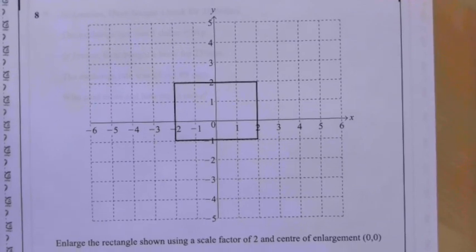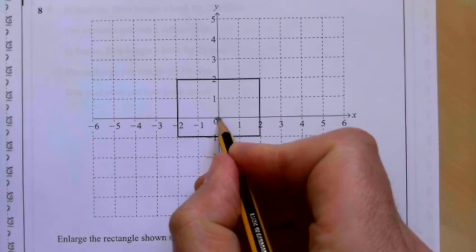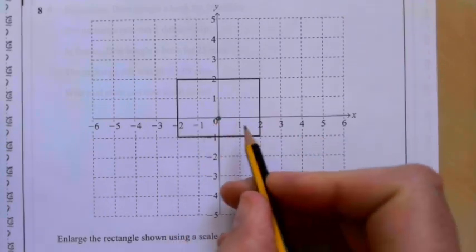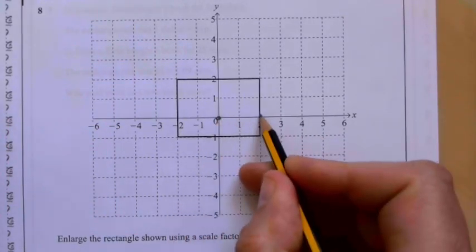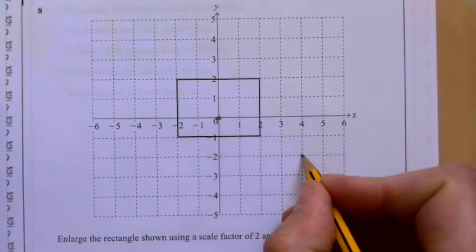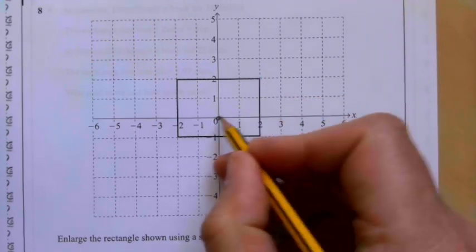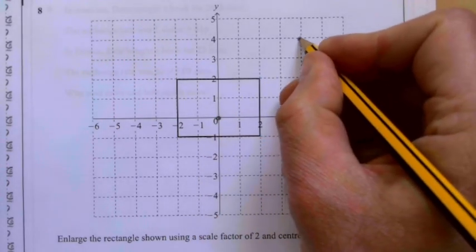Question 8. Enlarge the rectangle shown using a scale factor of 2, centre of enlargement 0, 0. So let's get a ruler for that. And 0, 0 is our centre of enlargement, so we just want to count squares. So this corner here is across 2 and down 1, so we want to go across 4 and down 2 because the scale factor is 2, we're doubling it. This one here is 2 and 2, so instead of going 2 and 2 we go 4 and 4.